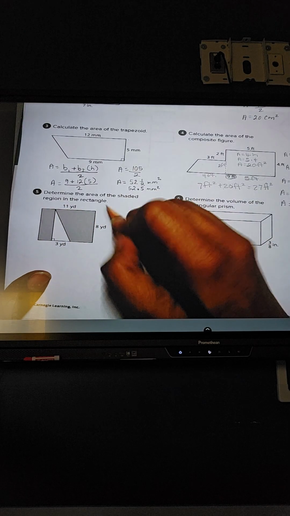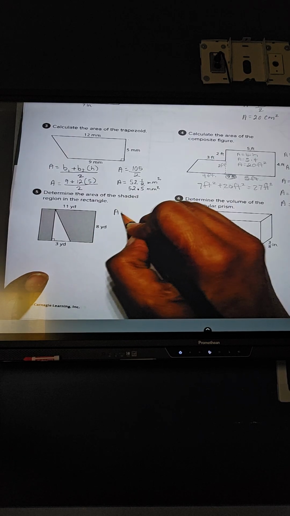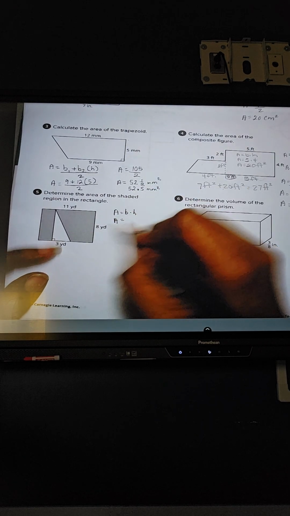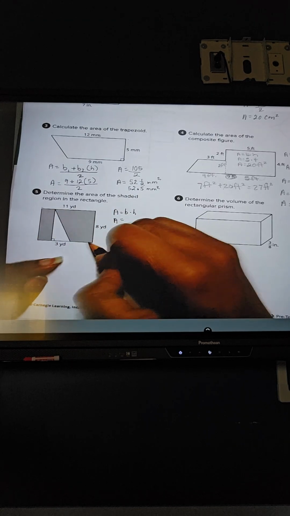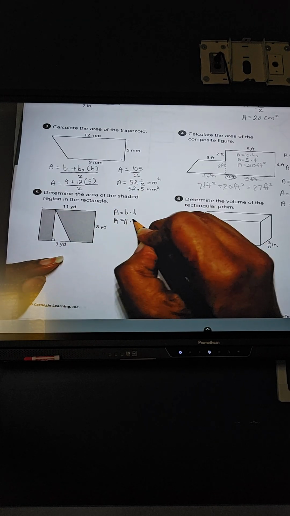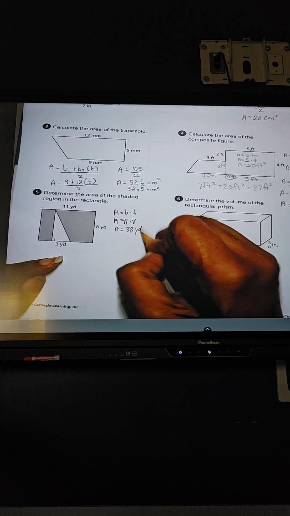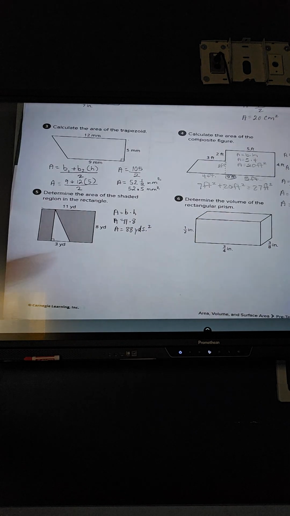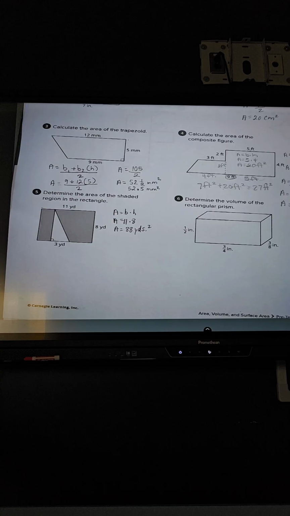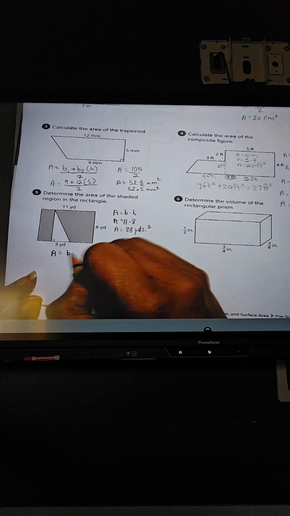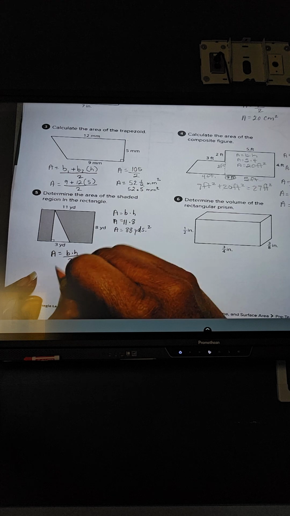So the first thing for a rectangle, area equals base times height. Area equals, if this is 11, that means this is 11, equals 11 times 8. Area equals 88 yards squared. Okay, we have the entire rectangle, but what about the triangle? Area of the triangle, area equals base times height divided by 2.